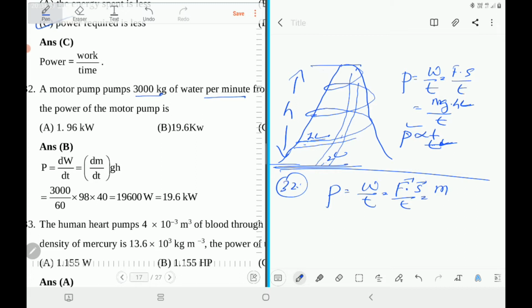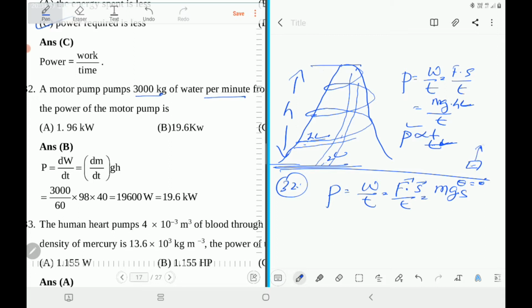If m is the mass lifted up per unit time, then m into g, where m is the mass of that quantity lifted up from the well, is the weight. And I have removed the vector symbol because theta is 0 degrees here. What is cos 0? Cos 0 is 1. Why? Because you are moving the mass straight up.